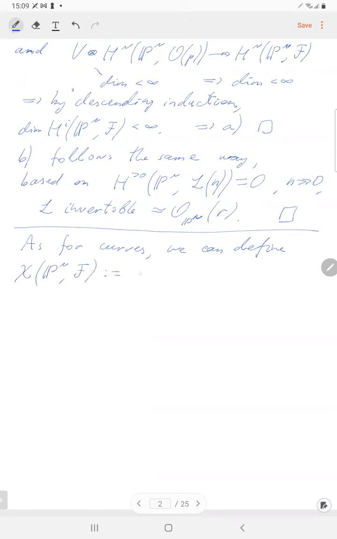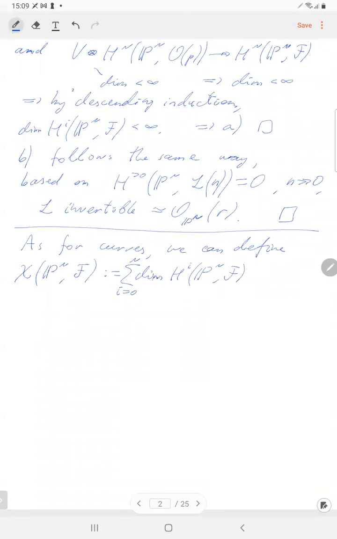So this is the sum of the dimensions of the ith cohomology with coefficients in F, the usual Euler characteristic.